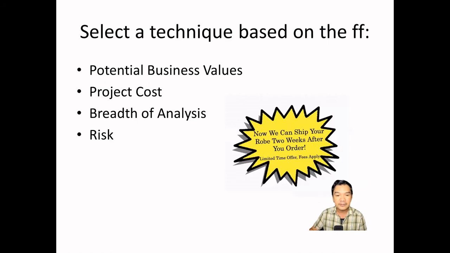So we select a technique based on the following. When you perform those various processes, you also have to think of the potential business value, the project cost, the breadth of analysis, and the risk associated with change. Because every change, every introduction of a new technique to the organization, has other costs associated with it.